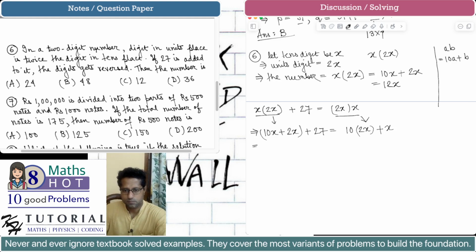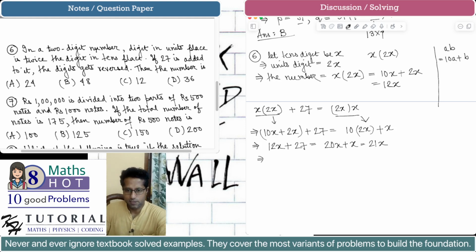Okay, and we will get x, and from that x we can find the original number, which is what the question has asked. So now if we solve this, we have 12x plus 27 is equal to 20x plus x, which is 21x.